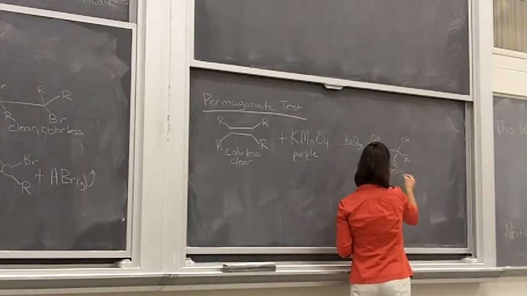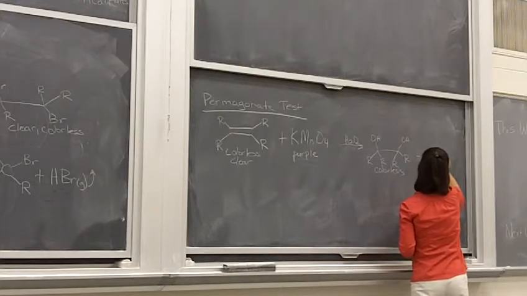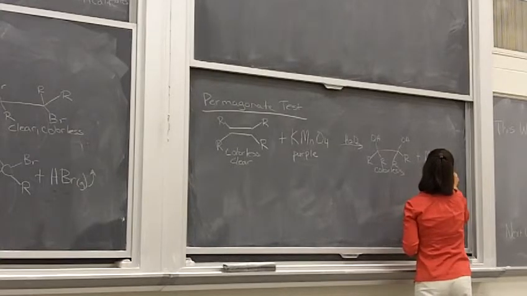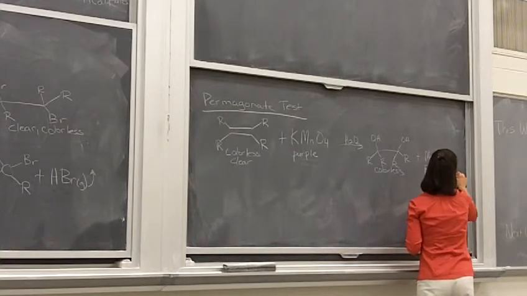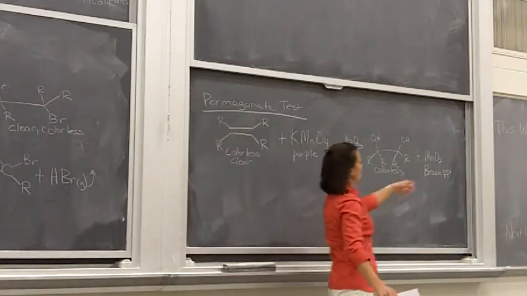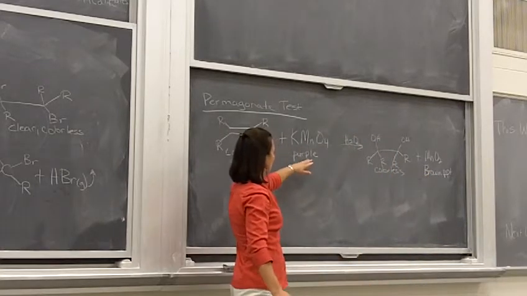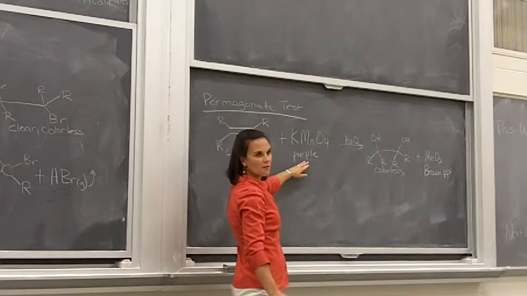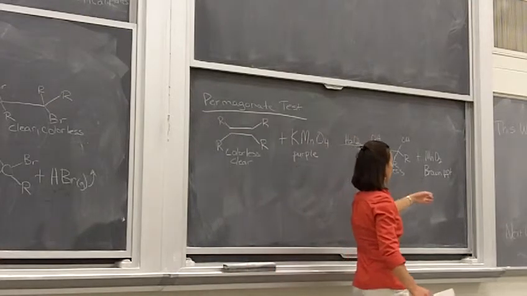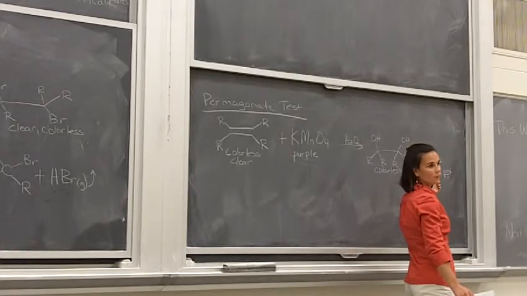However, it also forms manganese dioxide, which is a brown precipitate. And so you're looking for the formation of this brown precipitate and the loss of the purple color. So this purple color is going to fade, become more towards colorless, with the formation of a brown precipitate to result in a positive test, okay?